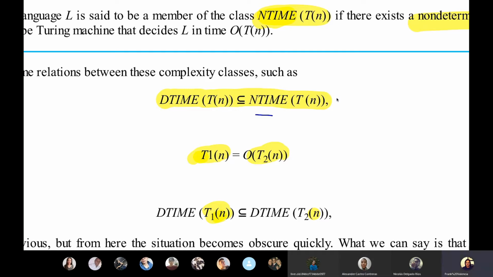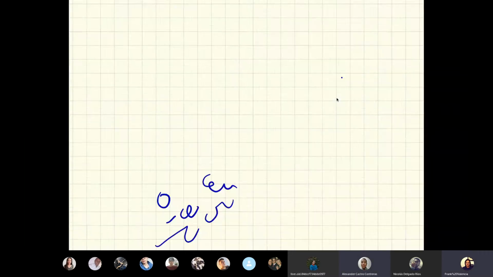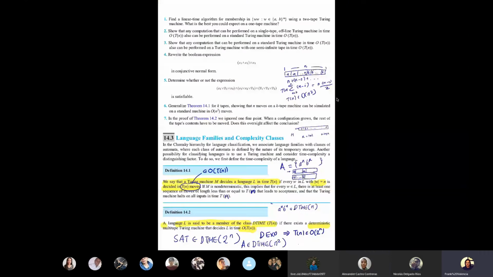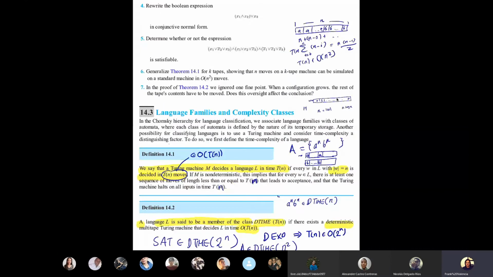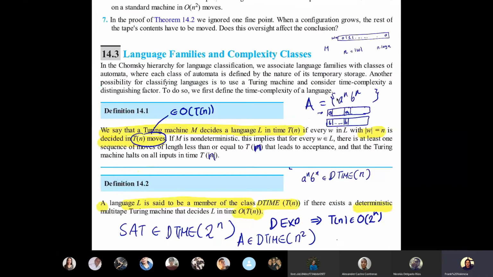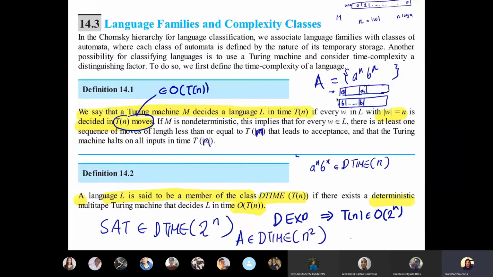Anybody sees that or why? Profe, pero el DTIME de T de n no debería ser un número, o ¿a qué refiere cuando dice que es un conjunto? Okay, good question, excellent question. No, because look here, this is defined as a set.